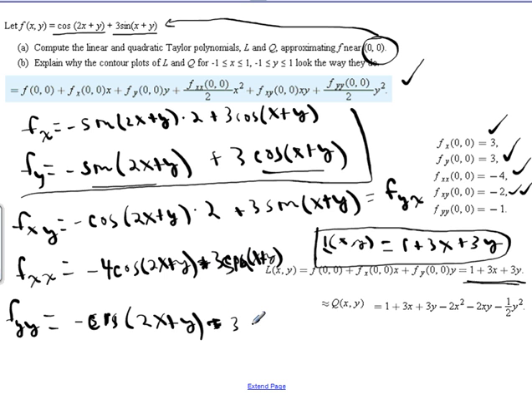So minus 3 times sine of x plus y. And again, plugging 0, 0 into this, we get negative 1.